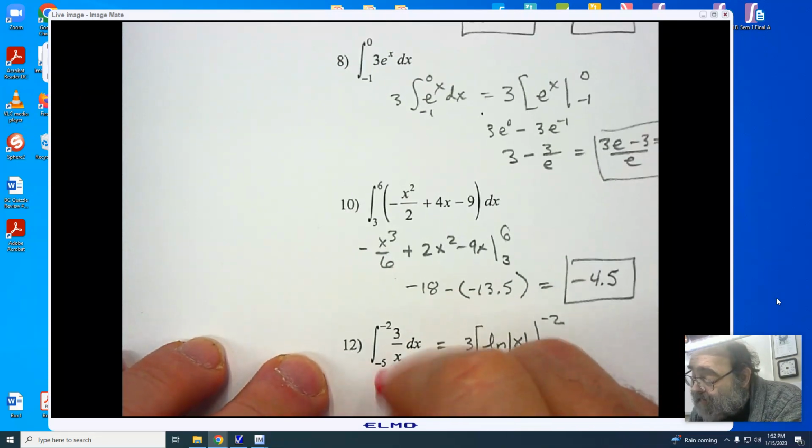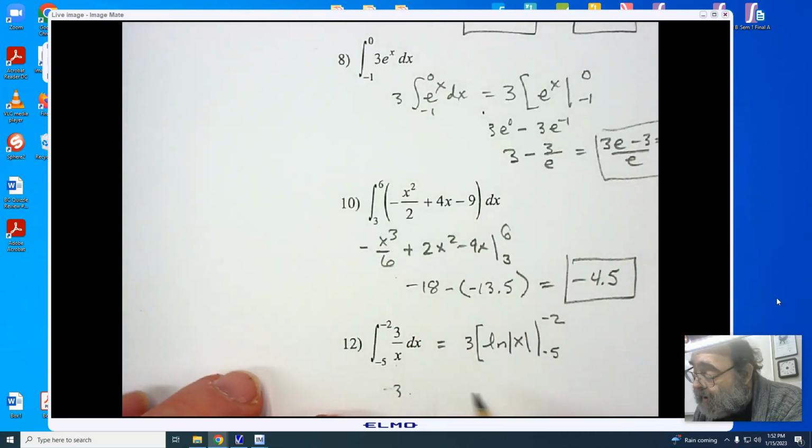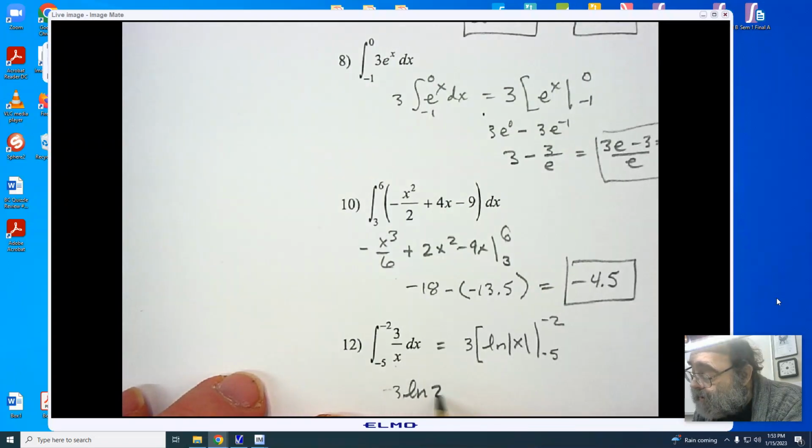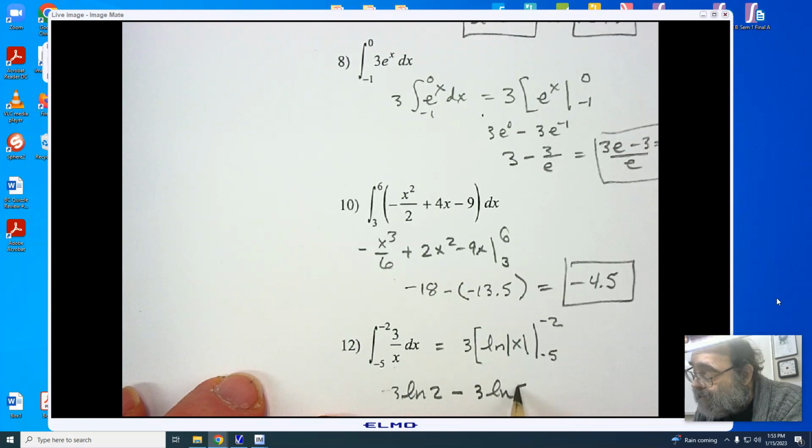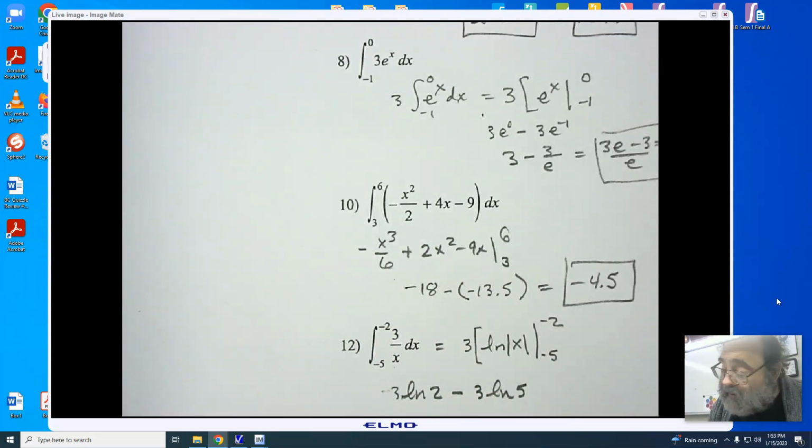I have positive 3, talking about negatives so much, natural log of 2 minus, and I have 3 natural log of 5. We're now going to put that into our calculator. If you wish, you can kind of rearrange things. After all, it is natural log of 8 minus natural log of 125.